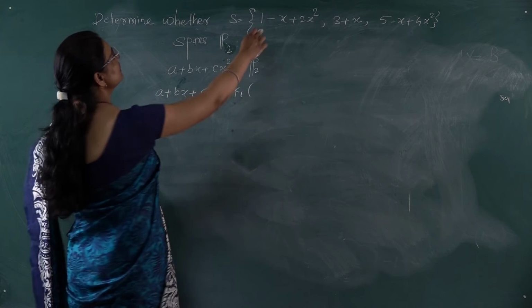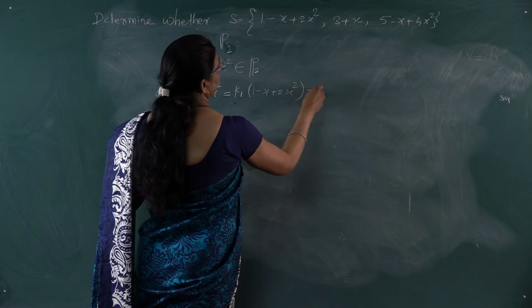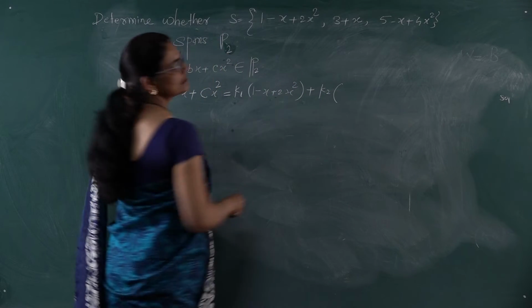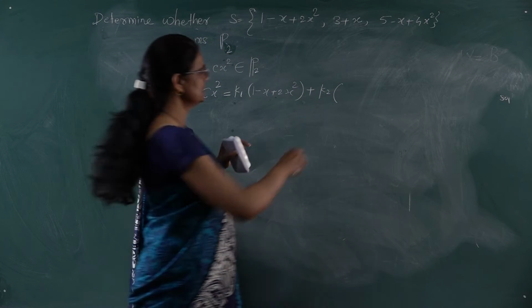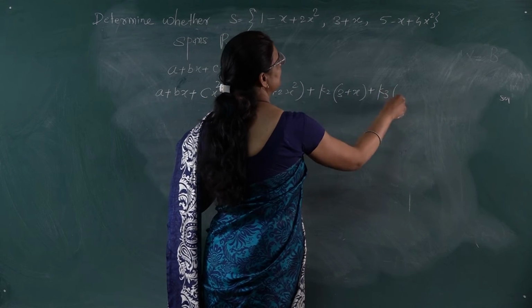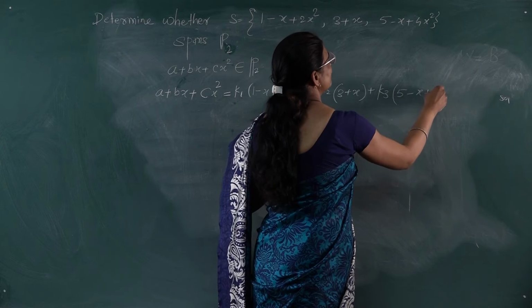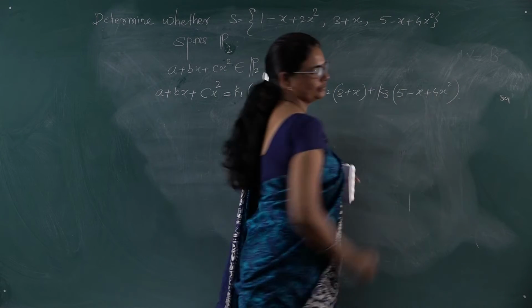So k1 into the first polynomial, plus k2 into the second polynomial, which is 3 plus x, plus k3 into the third polynomial, which is 5 minus x plus 4x square.